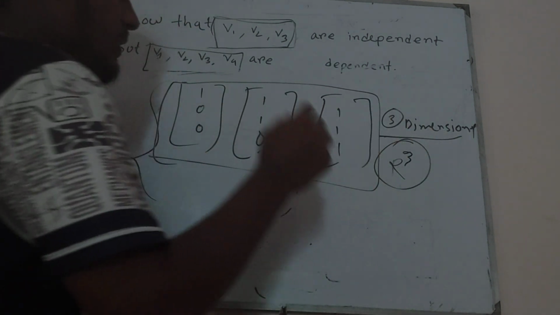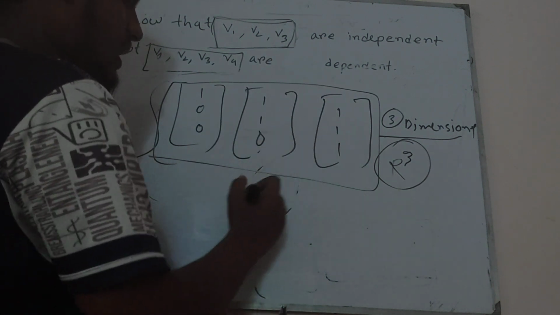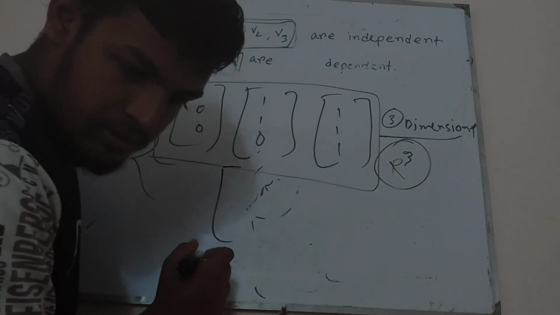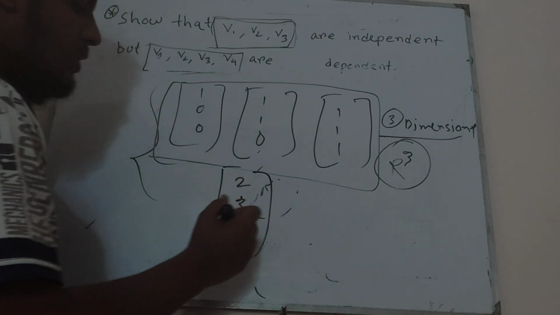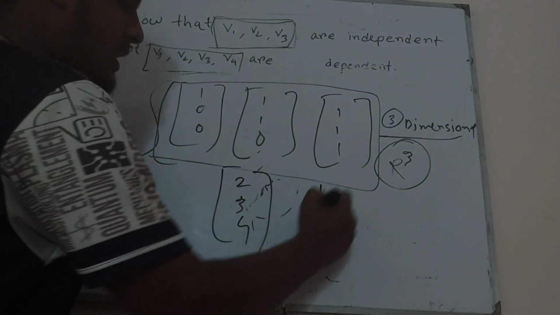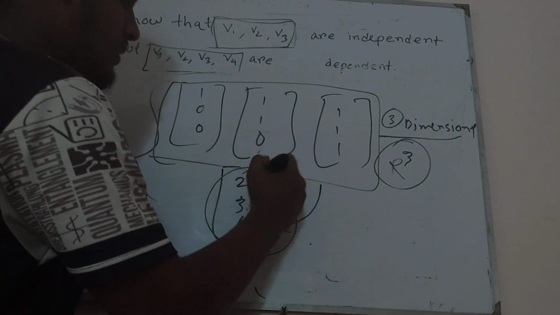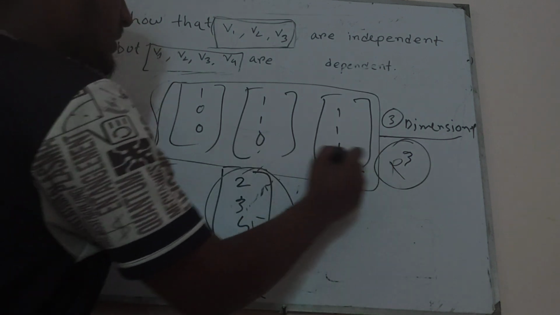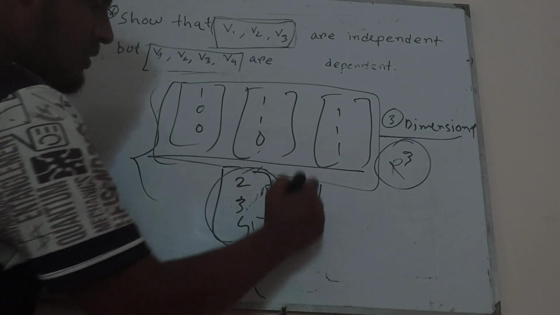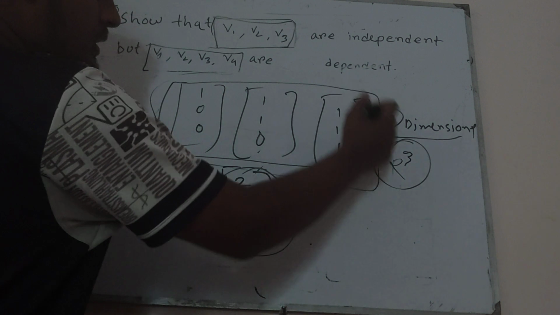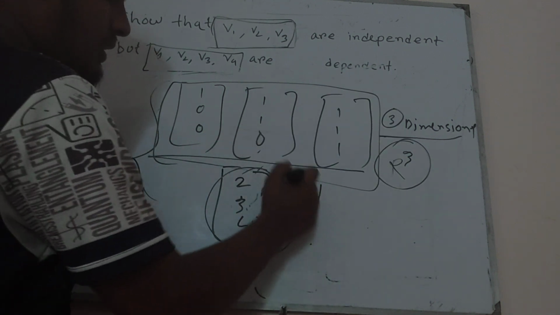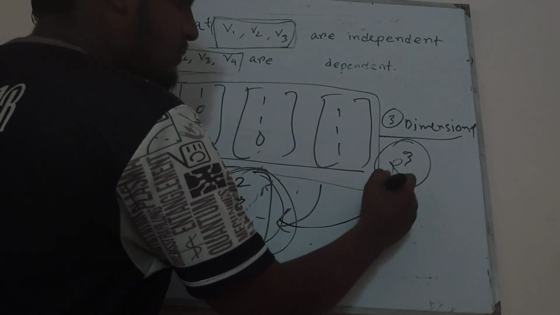That means if we take another vector, like (2, 3, 4), from R3 space, it will also be a linear combination of these 3 vectors, because it came from R3 space.